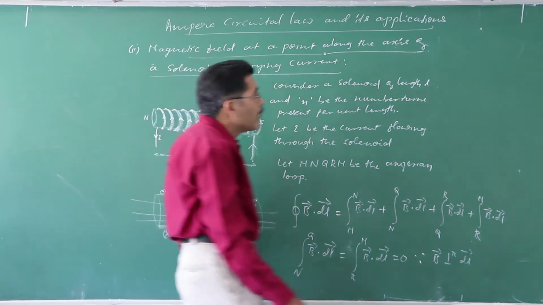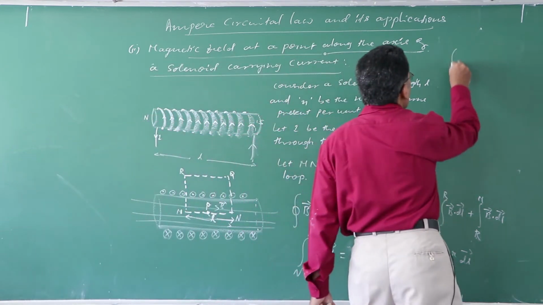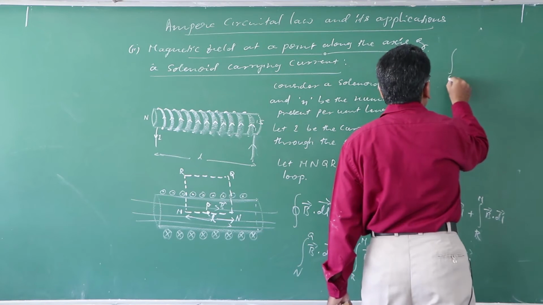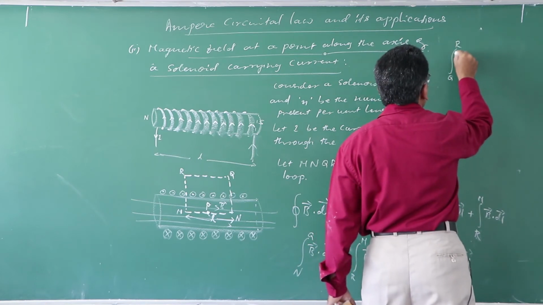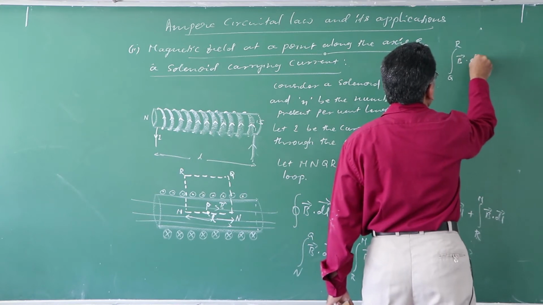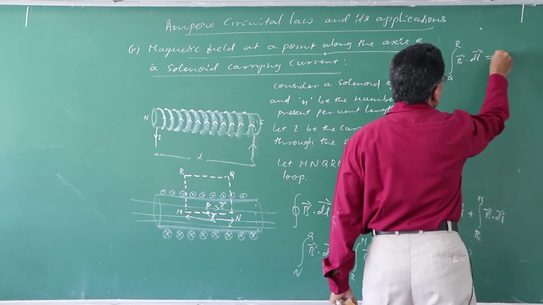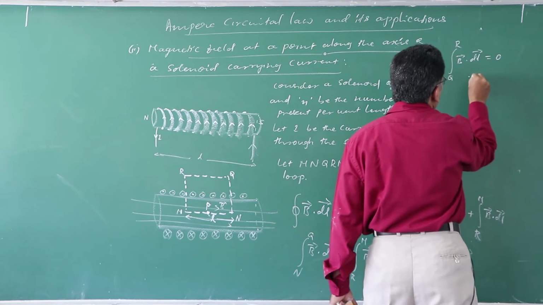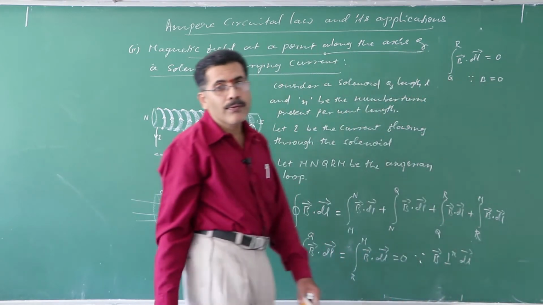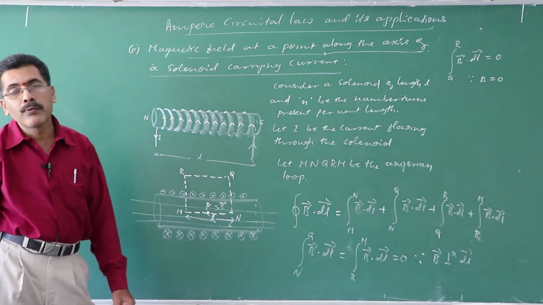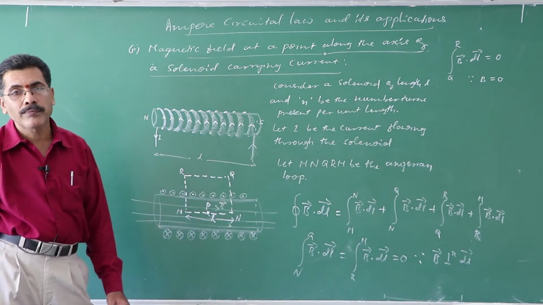So the contribution along QR is equal to 0 because B is 0. The reason is that the net magnetic field outside the solenoid is 0.